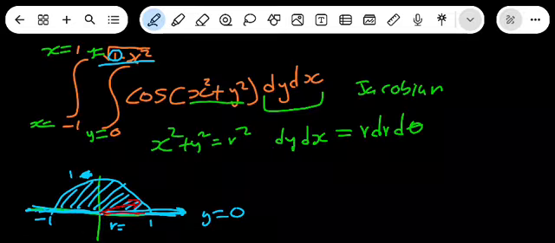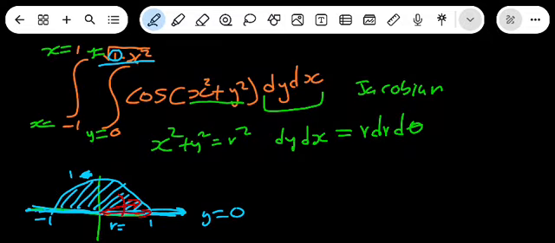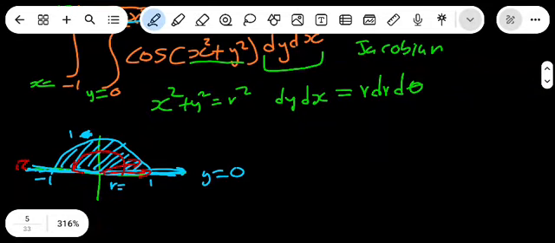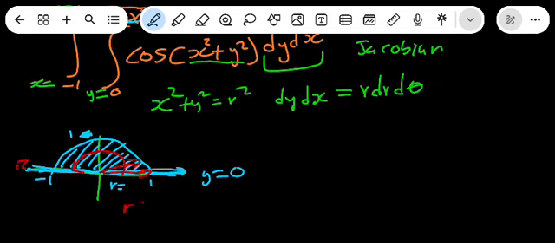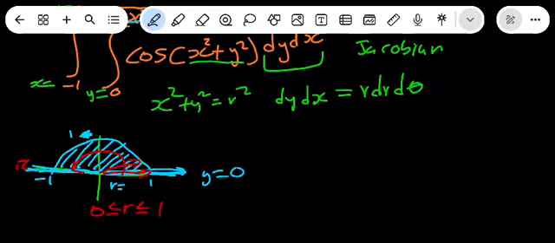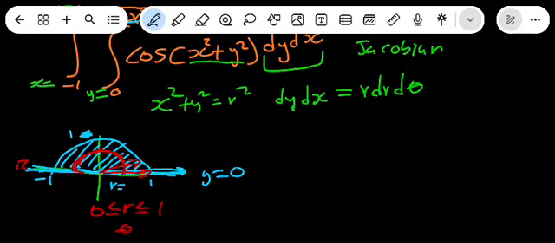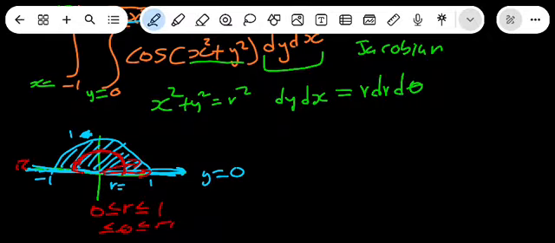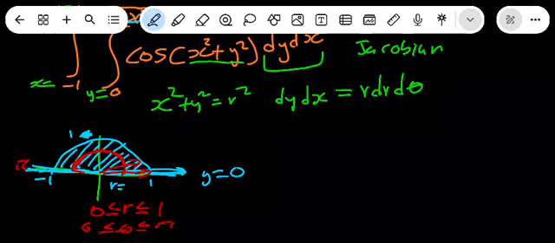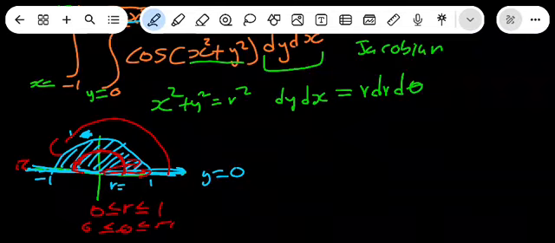So r must be greater than or equal to 0 and less than or equal to 1. Then theta, as you can see, is rotating like that, so theta must be between 0 and pi.